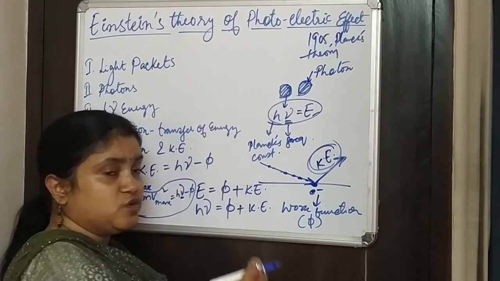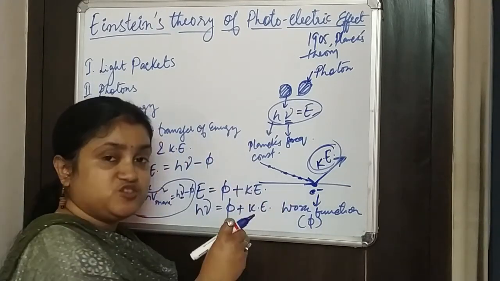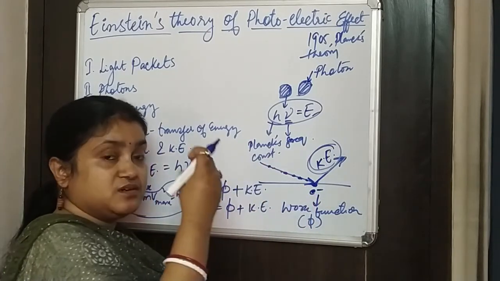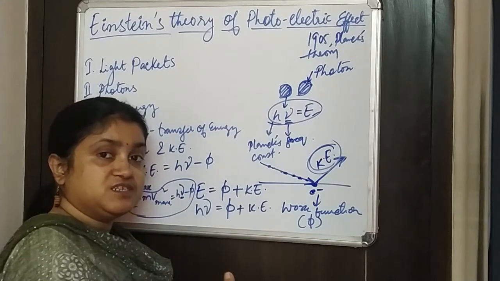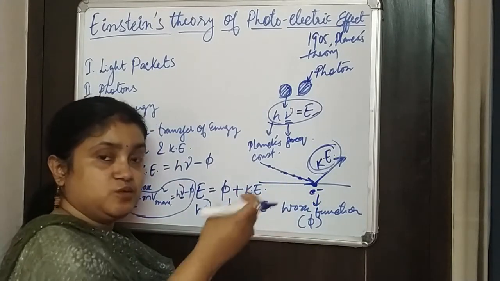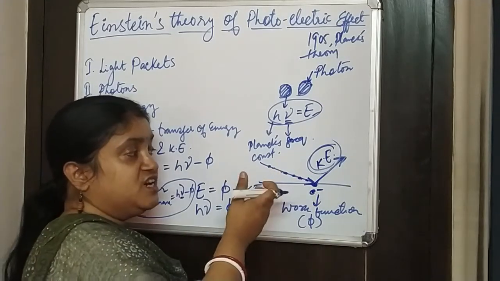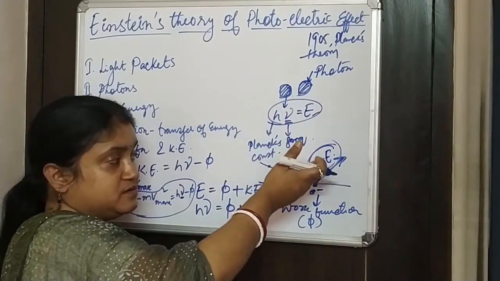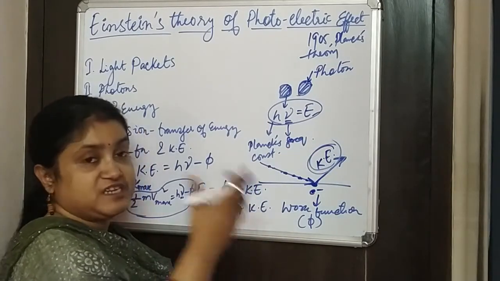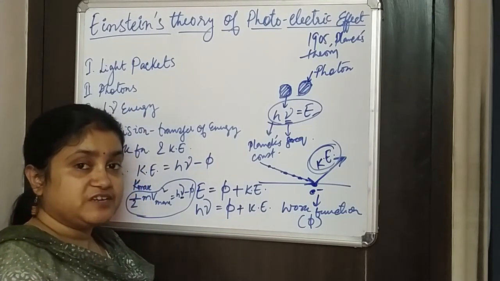So when the photons are hitting or colliding with electrons inside the atomic surface, these electrons use a certain amount of energy to come out from the surface, and the rest of the energy becomes the maximum kinetic energy of the electron, so that it comes out as a photoelectron, and thereby we get photoelectricity.